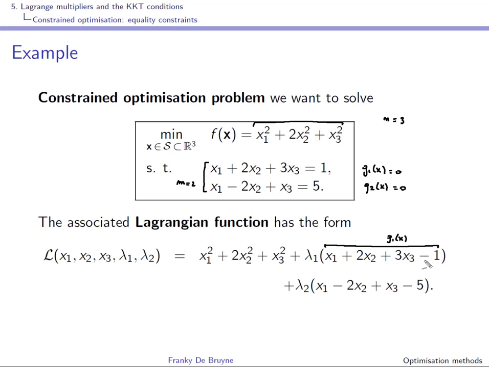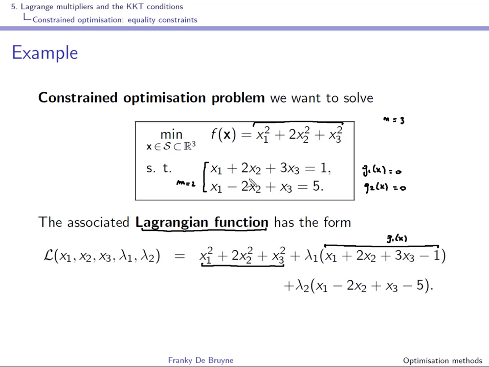So we can transform this constraint optimization problem into the unconstrained optimization of the Lagrangian function. We take the objective function f of x, we add lambda 1 times the function that is in the first constraint, plus lambda 2 g2 of x, and this is what you obtain.